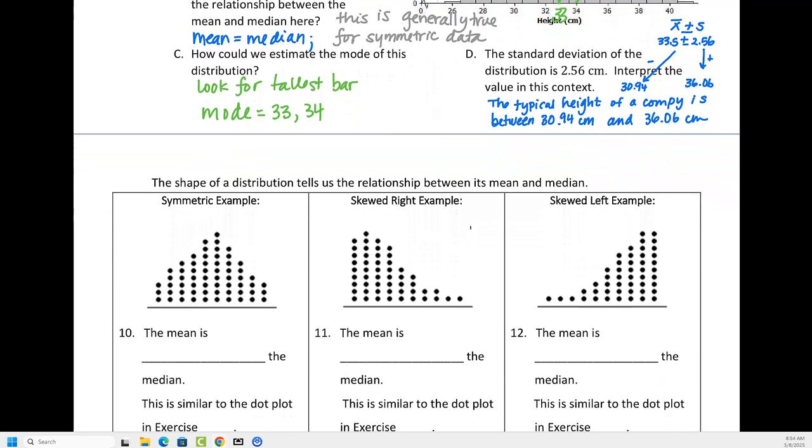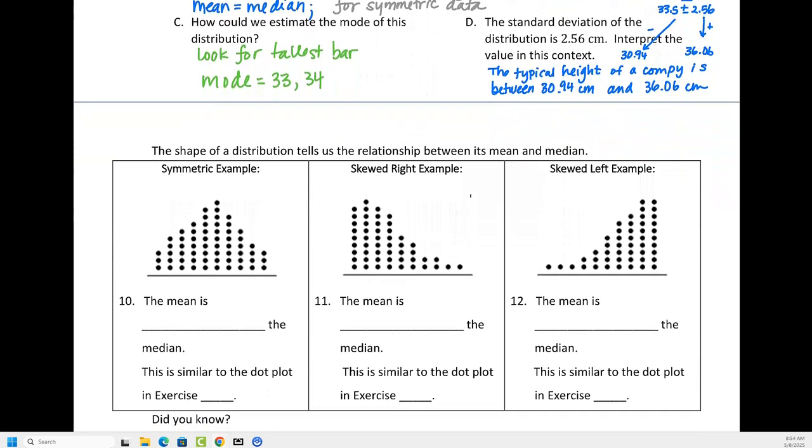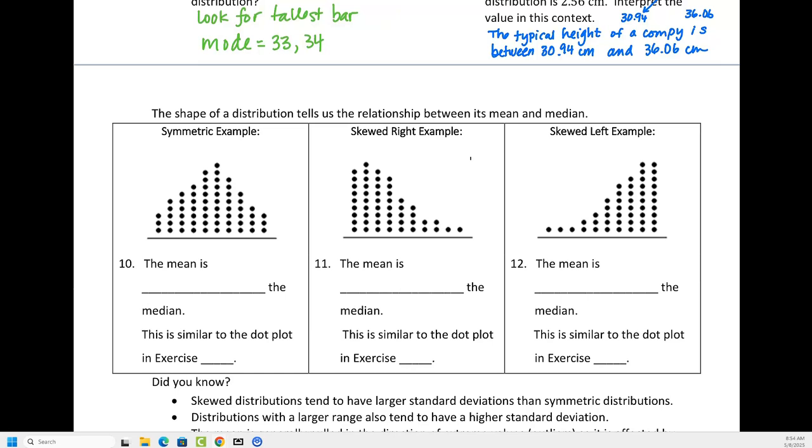So then we have here in the next page, it says the shape of a distribution tells us the relationship between the mean and the median. So this is going to summarize data that I've already been writing into our notes. And so you can see we have symmetric data here for number 10. So in this case, the mean is approximately equal to the median.